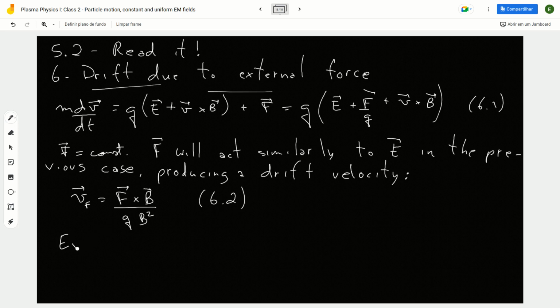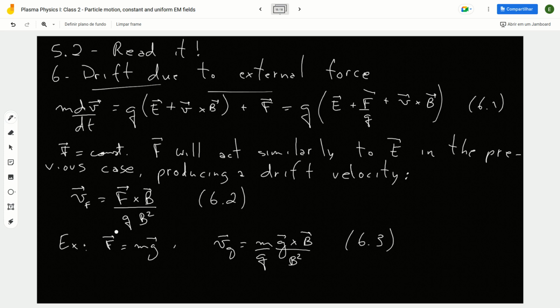An example of an external force would be gravity. We can consider a uniform gravity field, and then instead of Vf you would have Vg with this configuration here. Okay, so you could think of other external forces. In this example, the drift has distinct directions because of the charge.